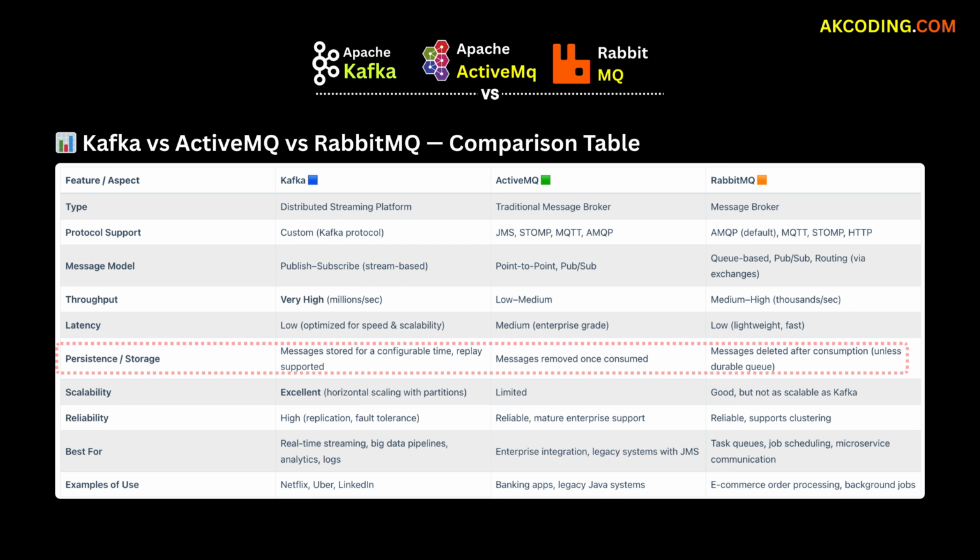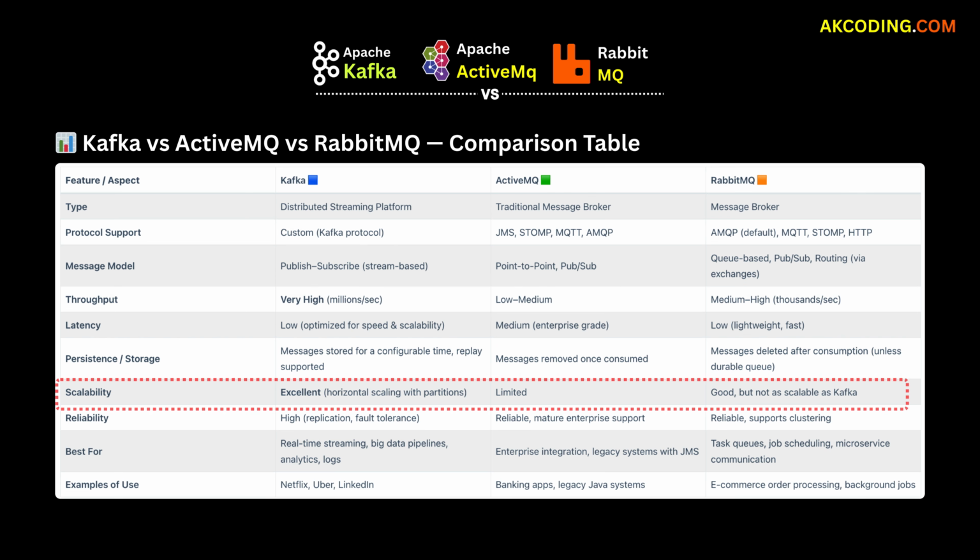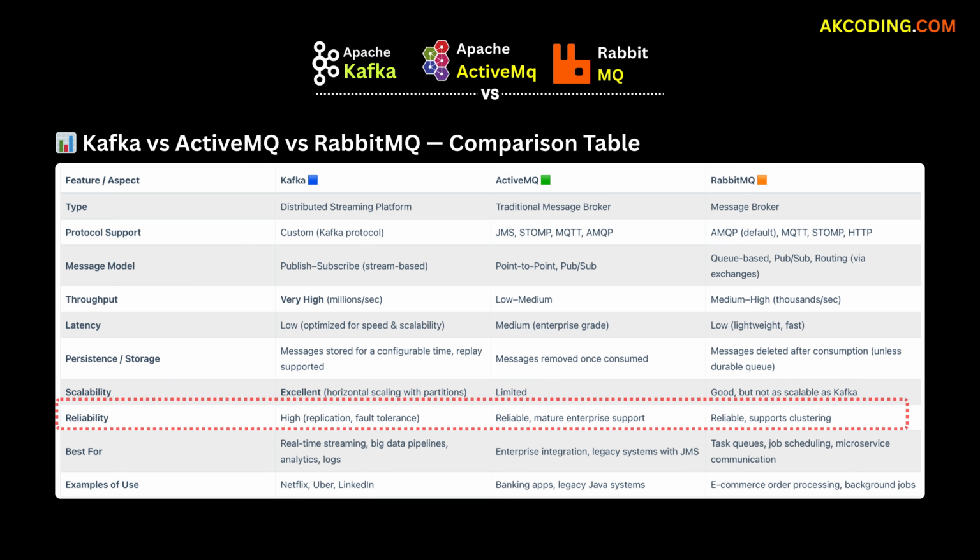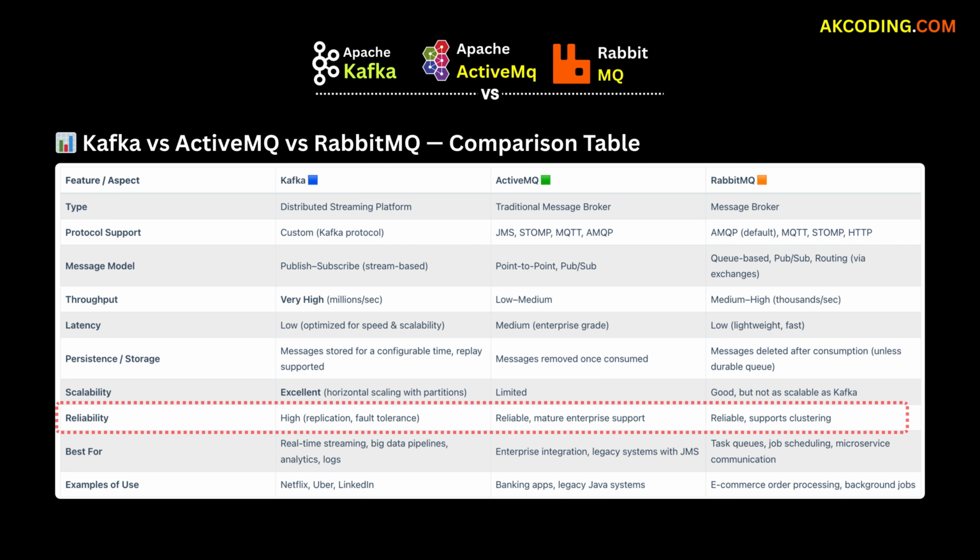In ActiveMQ, messages are removed once consumed, and in RabbitMQ, messages are also deleted once consumed. Scalability: Kafka is excellent, ActiveMQ is limited, and RabbitMQ is good but not as scalable as Kafka.